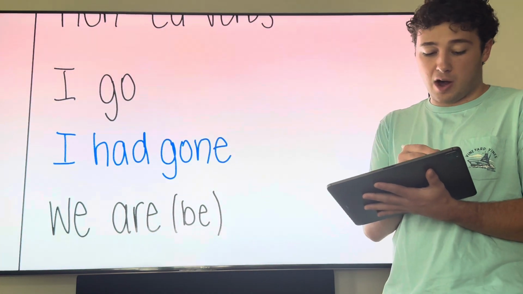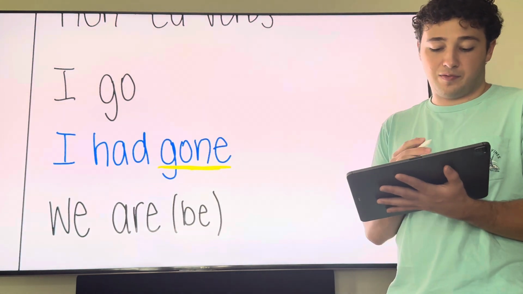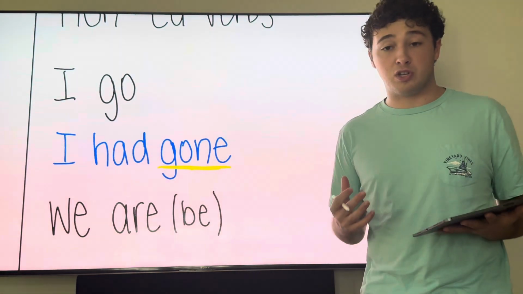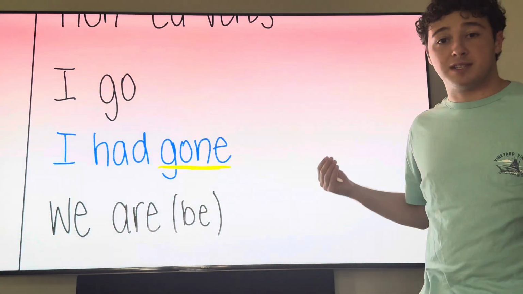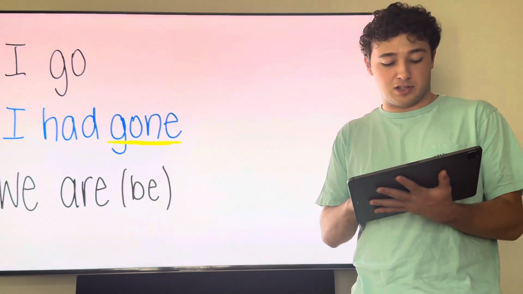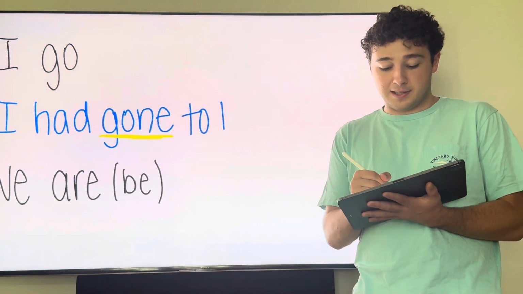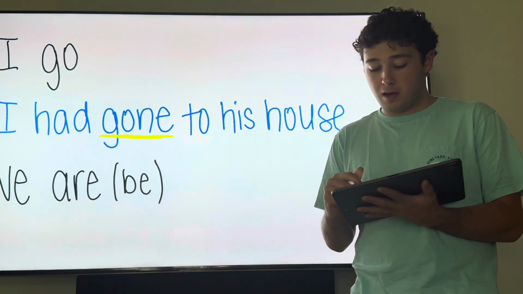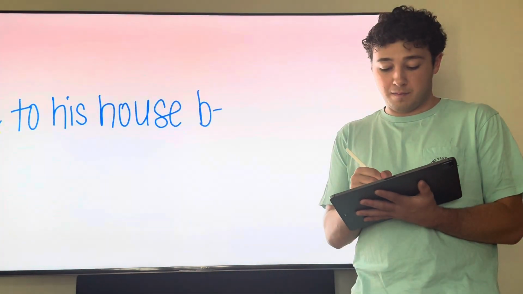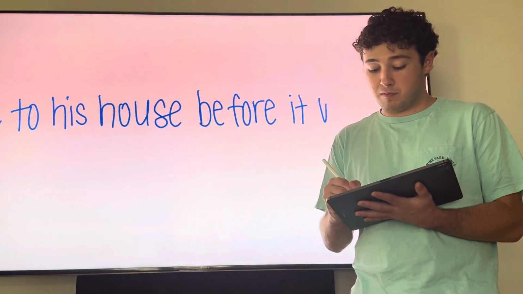I had gone. Now, gone is different than the past simple, which is went. However, I had gone is how you would say it if it was before a past action. So I had gone to his house before it was late, for example.